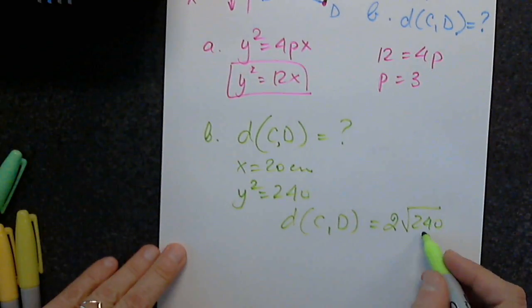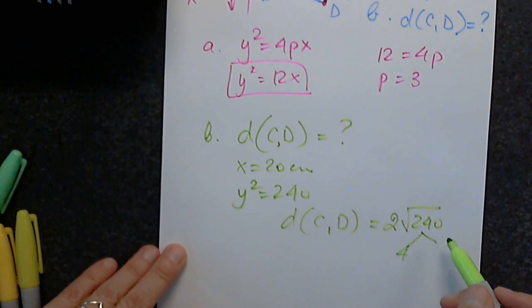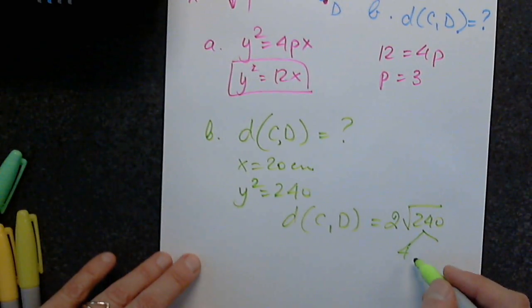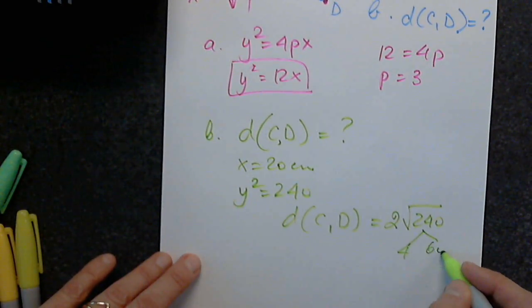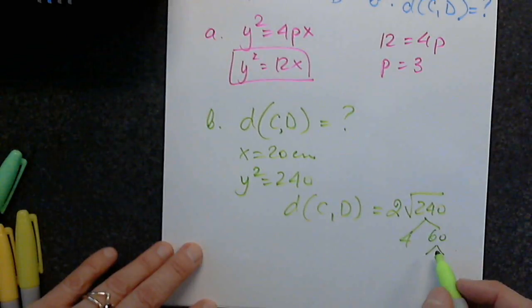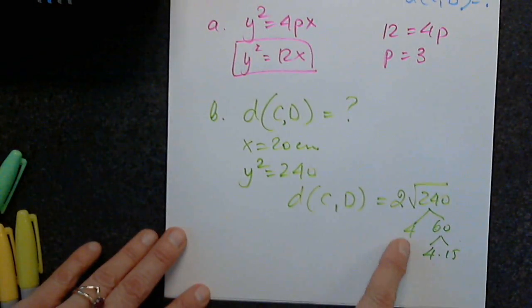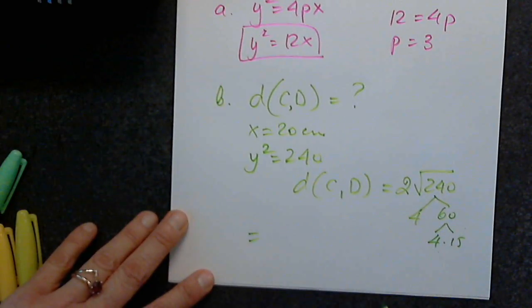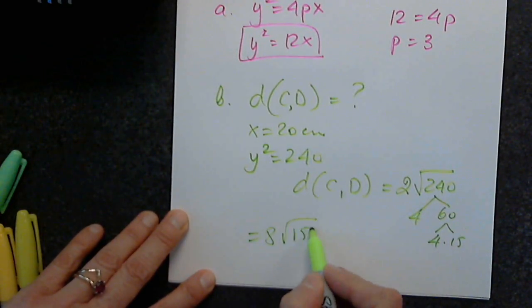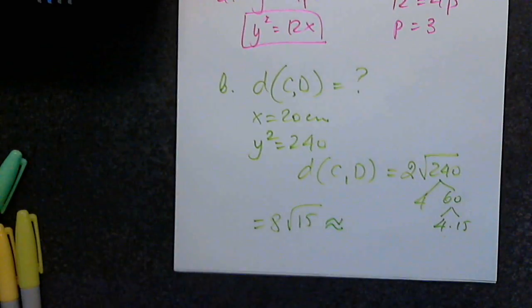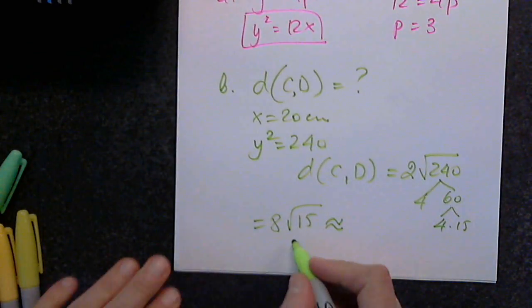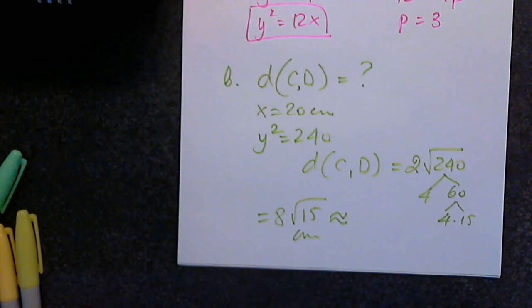Is it 4 times 60? And then 60 will be 4 times 15. So 4 times 2, to be exact, will be 8 square root of 15. So the exact answer is 8 square root of 15 centimeters, completely simplified.